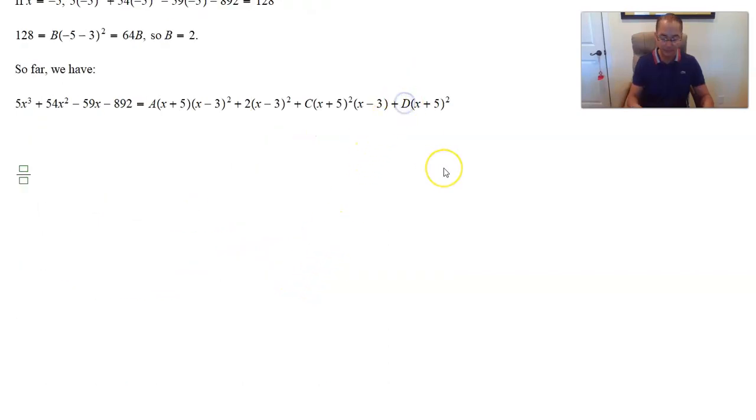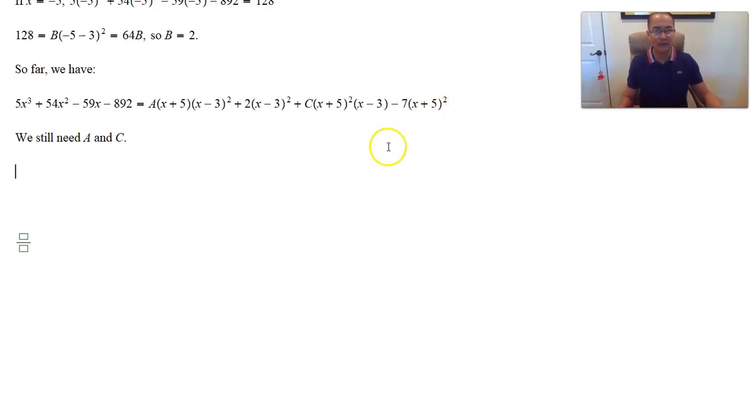Okay, so we have minus 7. Now we need to solve for A and C. We still need A and C. So we cannot proceed until we have those numbers, although you could perform the integration with just the constants missing. You might get extra credit or partial credit for that.